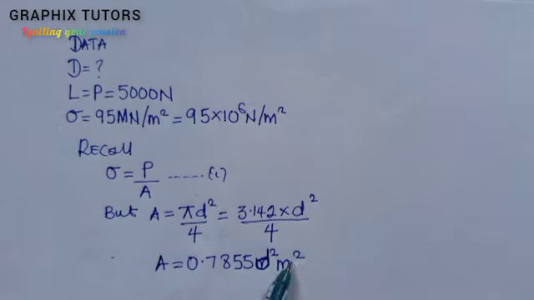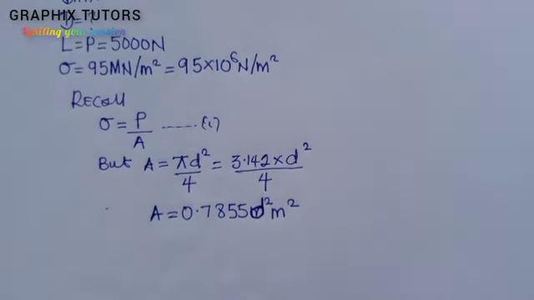So the unit is meter square, but we don't know the value of D. So anywhere I see A, I'm going to put 0.7855 D square.